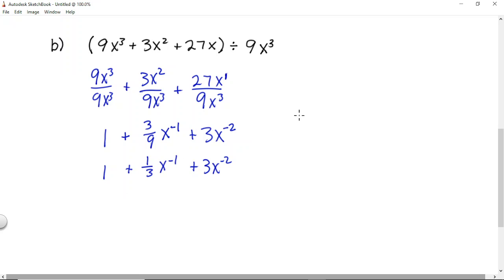And you do that because x to the minus n is the same thing as 1 over x to the n. Okay, that's what negative exponent means. So you put it in the denominator and make the exponent positive.